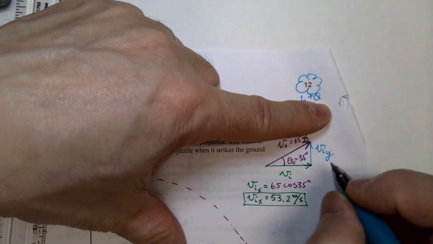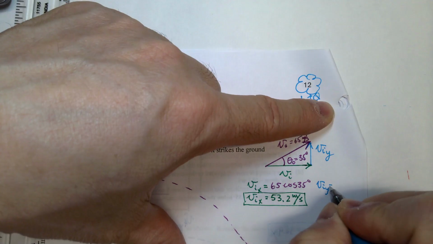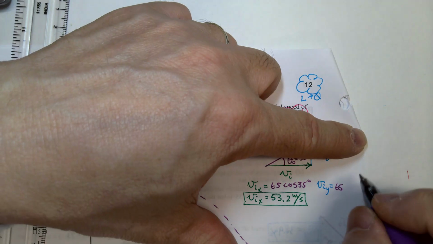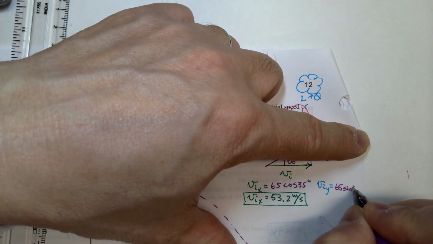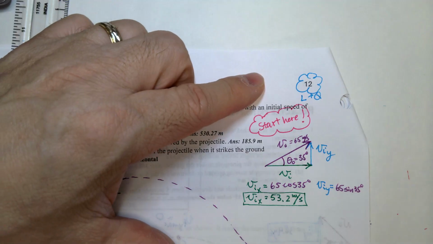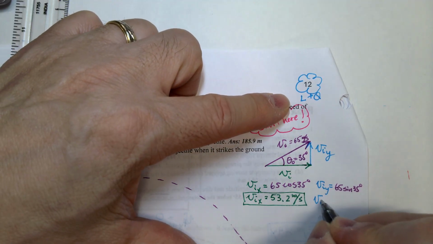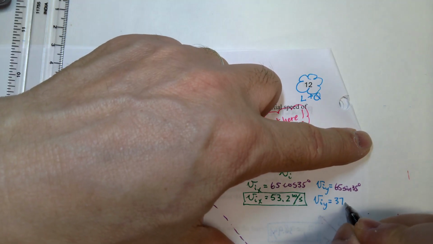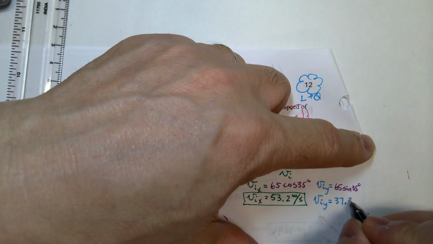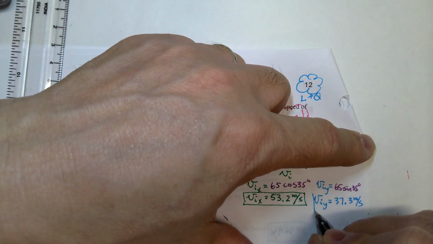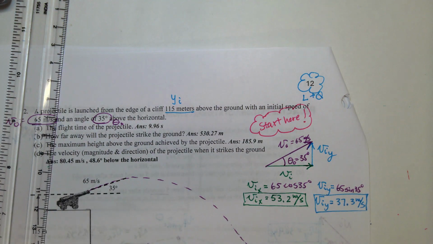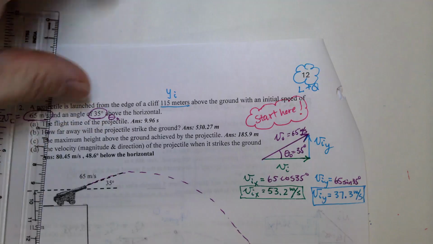And then your VIY is equal to V naught sine theta, so 65 times sine of 35 degrees. And if you work that out, your VIY comes out to 37.3 meters per second. So you need to find these out first before you do anything else. Please make sure you start here.